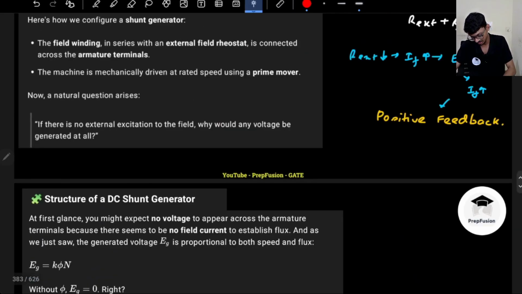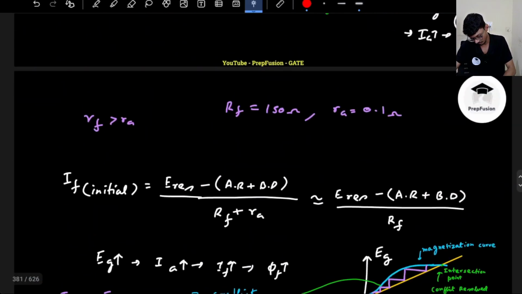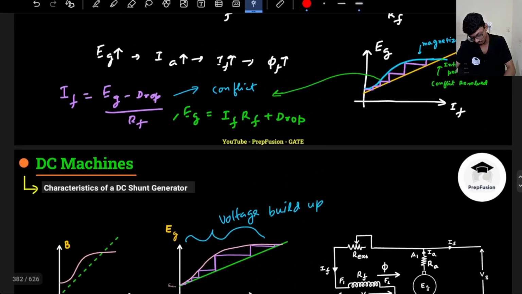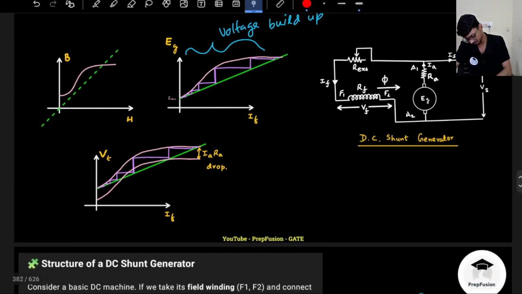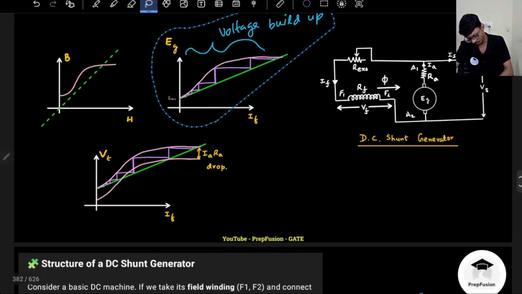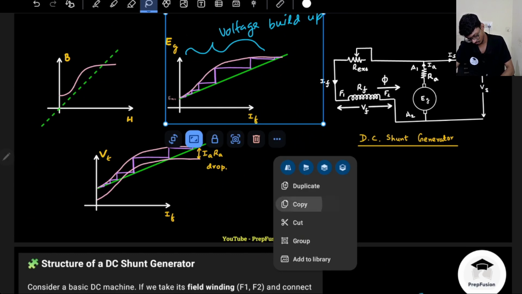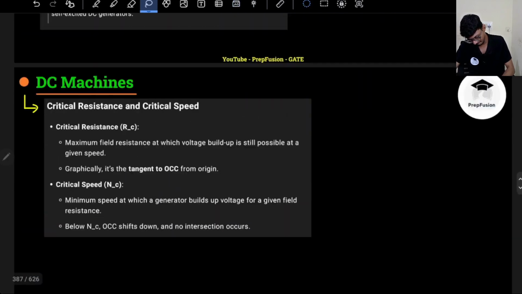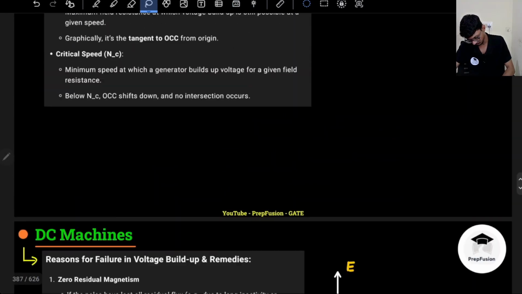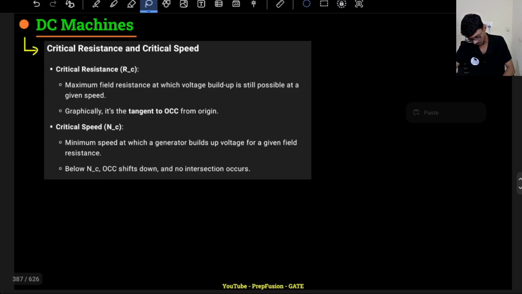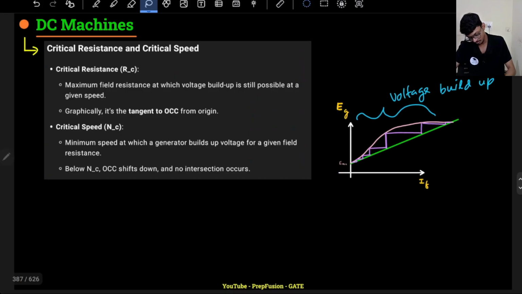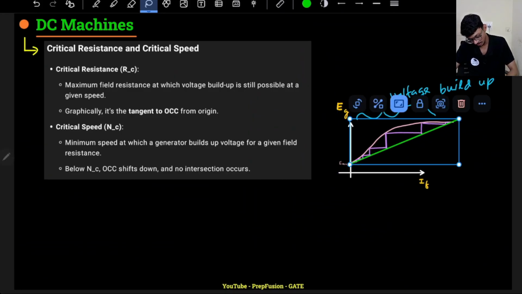So if I bring this graph here, the graph that I have drawn, if I copy this graph and paste it over here, so what can happen?